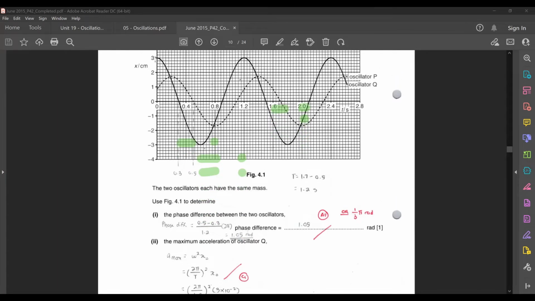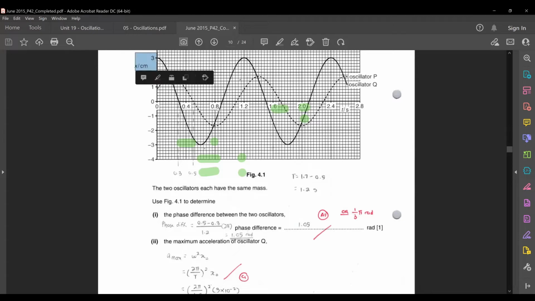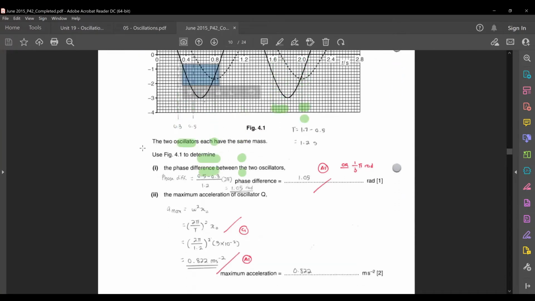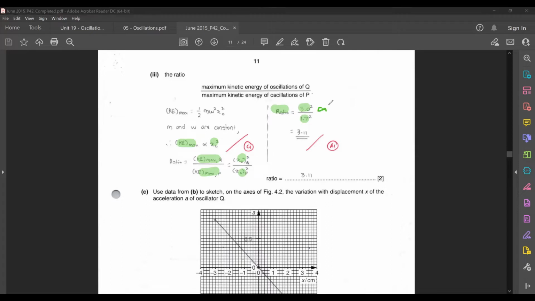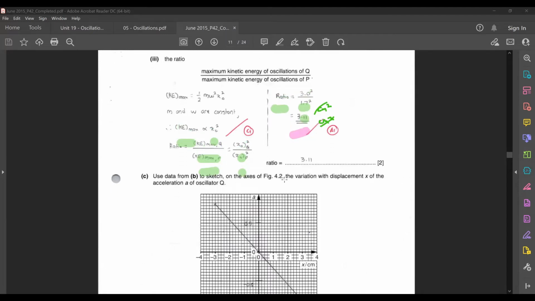You can get the amplitude readings from the graph itself. There's no need to change the units from centimeter to meter, because it's a ratio and the units cancel off. Your final answer will be 3.11 for the ratio. So this one is okay.